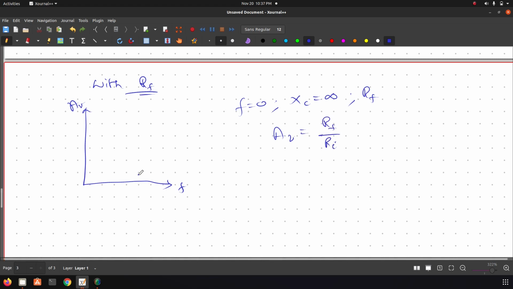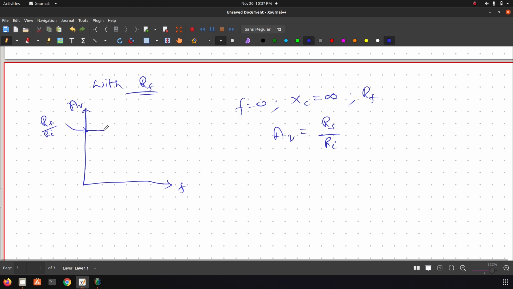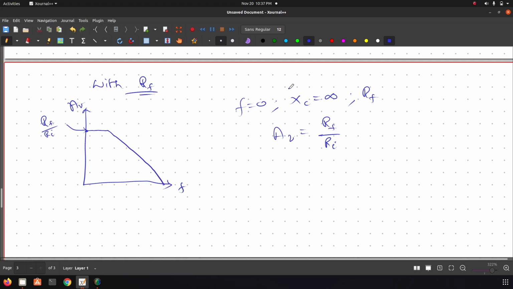Here the gain is RF by RI, and this gain remains constant for some frequency. After that it starts to decline because Xc starts to reduce and the parallel resistance starts to increase.